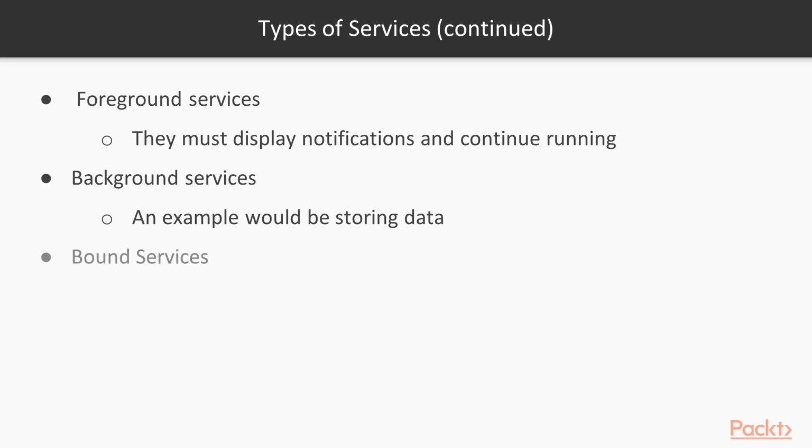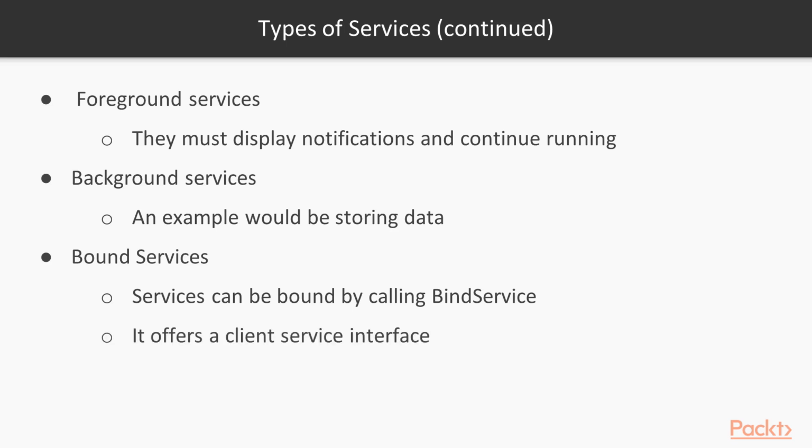And the last one, bound services. A service is bound when an application component binds to it by calling bindService. We will learn about this function later, but now you need to know that a bound service offers a client-service interface that allows components to interact with the service, send requests, receive results, and even do so across processes with inter-process communication.